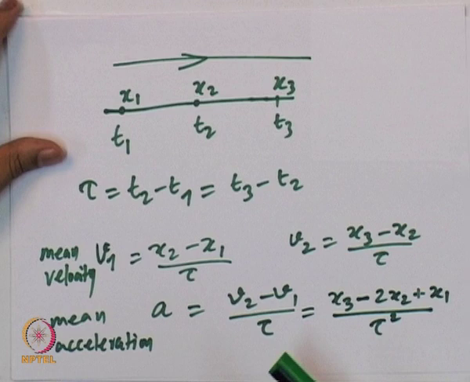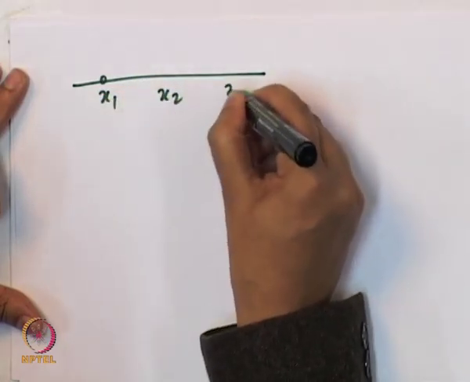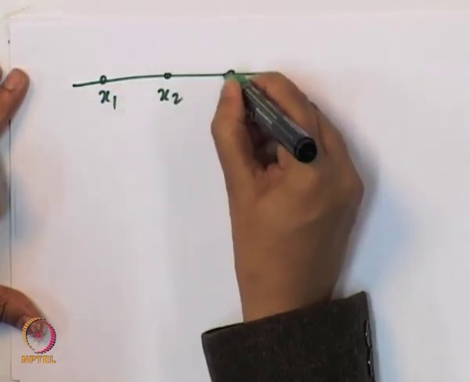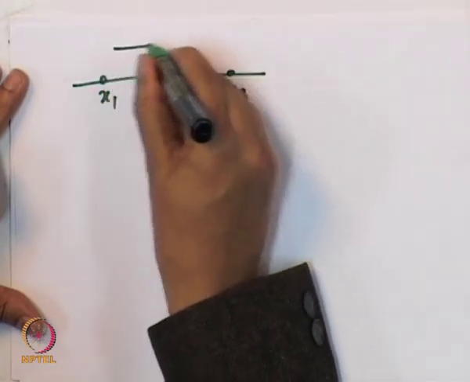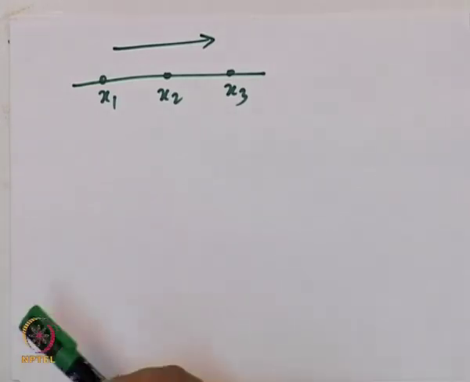So we have got an expression for mean acceleration and mean velocity. We said we are going from point x1, x2 and x3. So we are going like this. Now what I am going to do is reverse the motion.